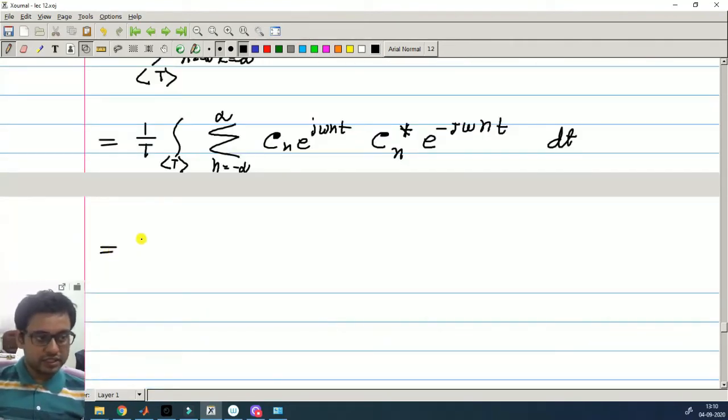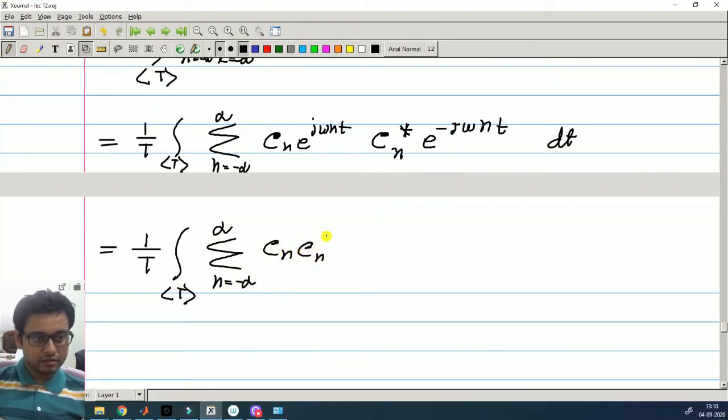Now this is equal to Cn star, e to the power plus j omega nt and minus j omega nt will cancel and give 1. Now we can interchange the integration and summation, the order of them.